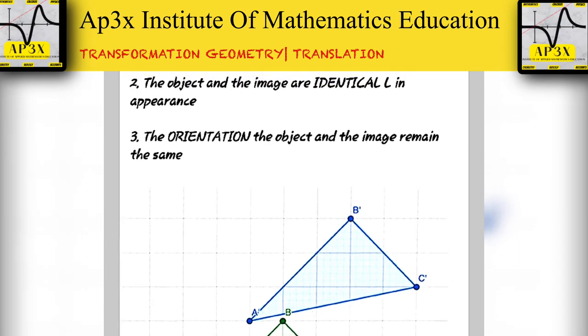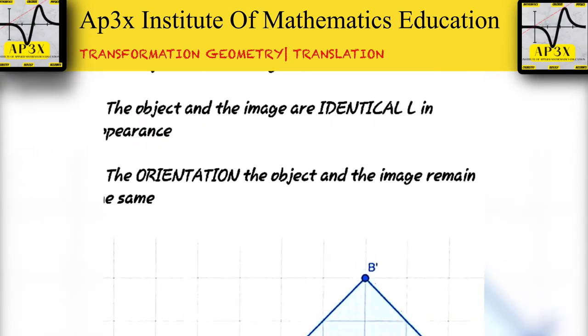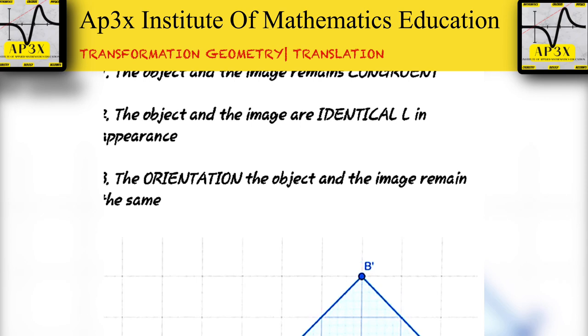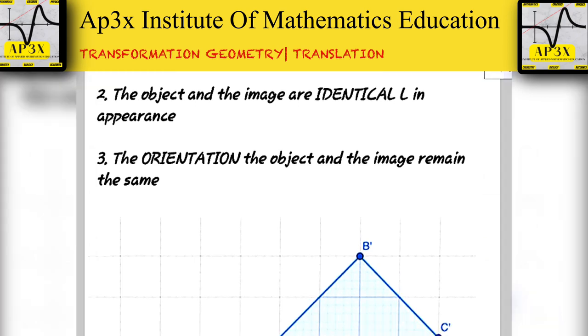Because once you're on the Cartesian coordinate system, everything is drawn to scale. Now, number 2 is like my go-to property. The moment I look at an exam paper and they're asking what transformation took place, once I have all the knowledge of the rotation and the reflection and the enlargement, my go-to property is that I easily recognize a translation once my object and my image are identical in appearance.